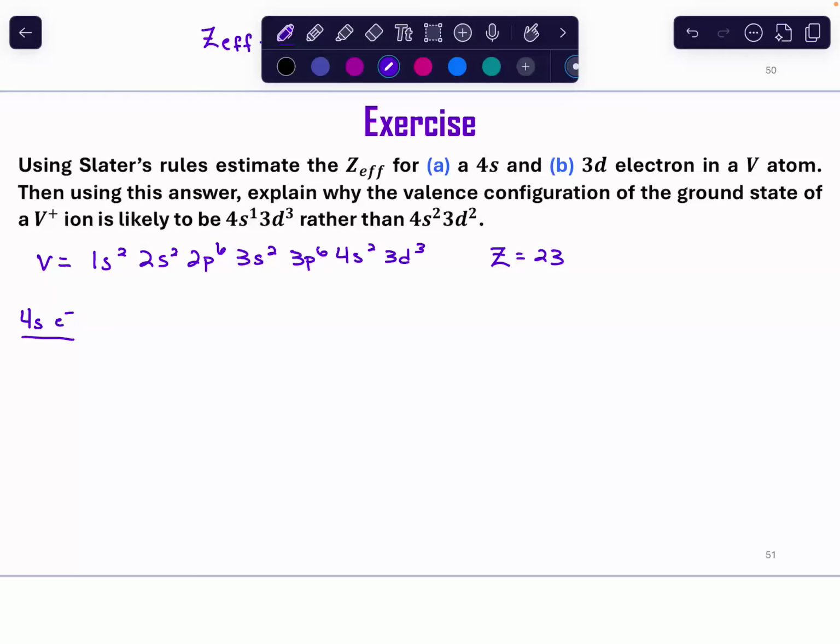For my 4s4p group, I only have 4s electrons. If I'm looking at one of them, I have one other 4s electron. So my shielding constant will be that one electron times 0.35 equals 0.35.